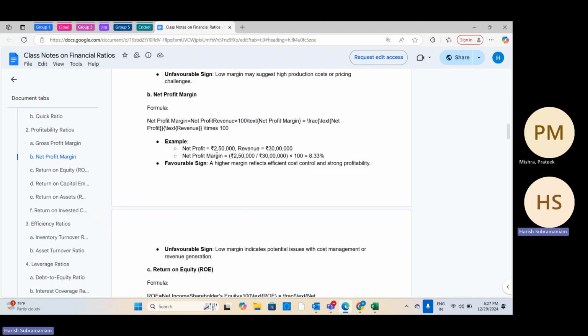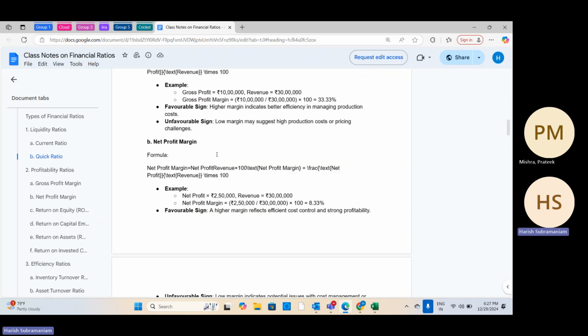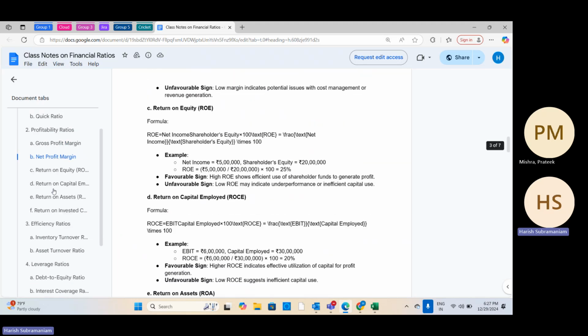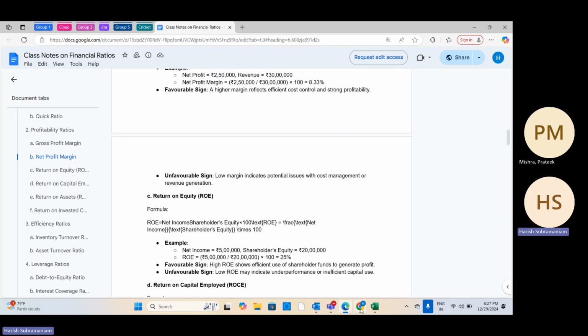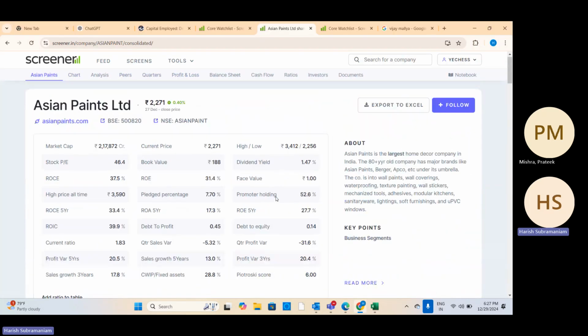Okay, so we've looked at the two profit margins. Then we are going to look at return on equity, return on capital, etc. Without getting into the specifics, one of the key things we need to see is: I own a company, and I have 100 crores of ownership in it.